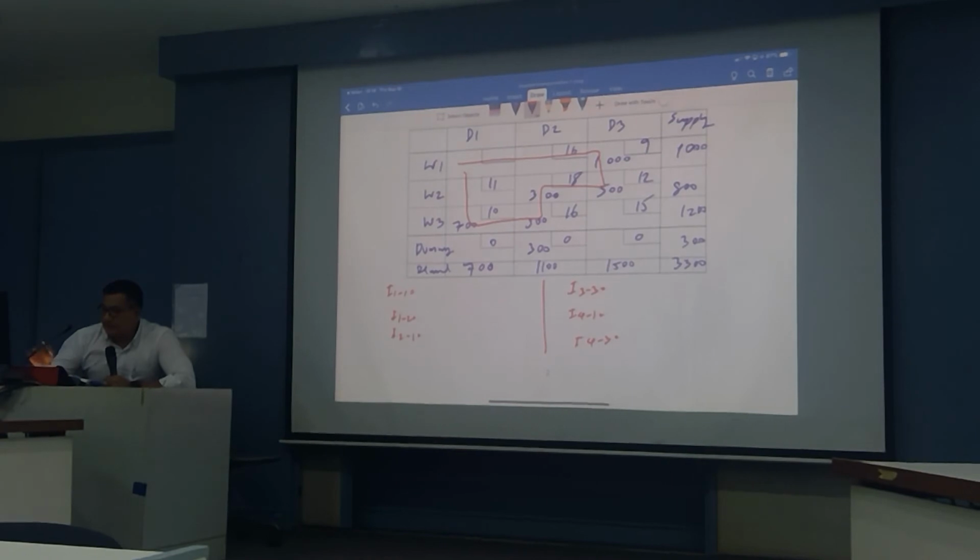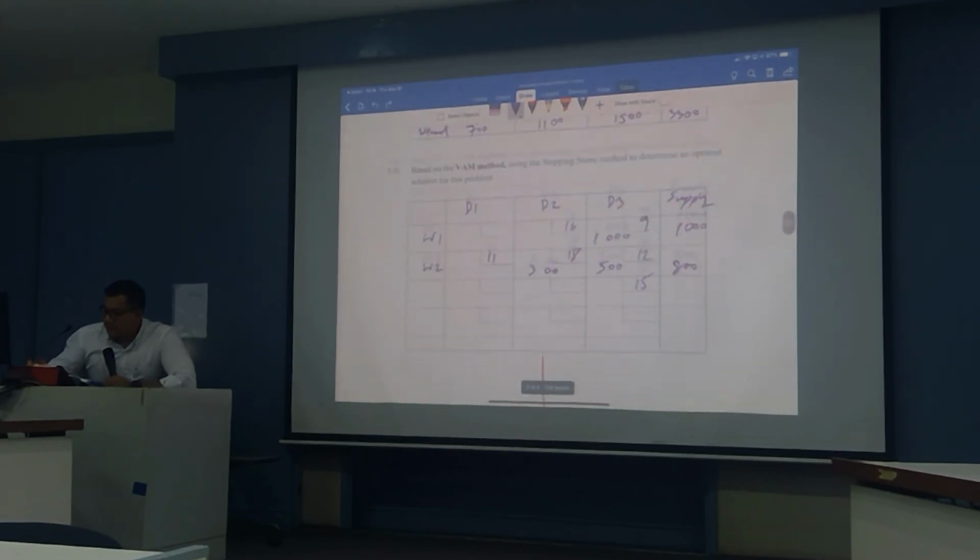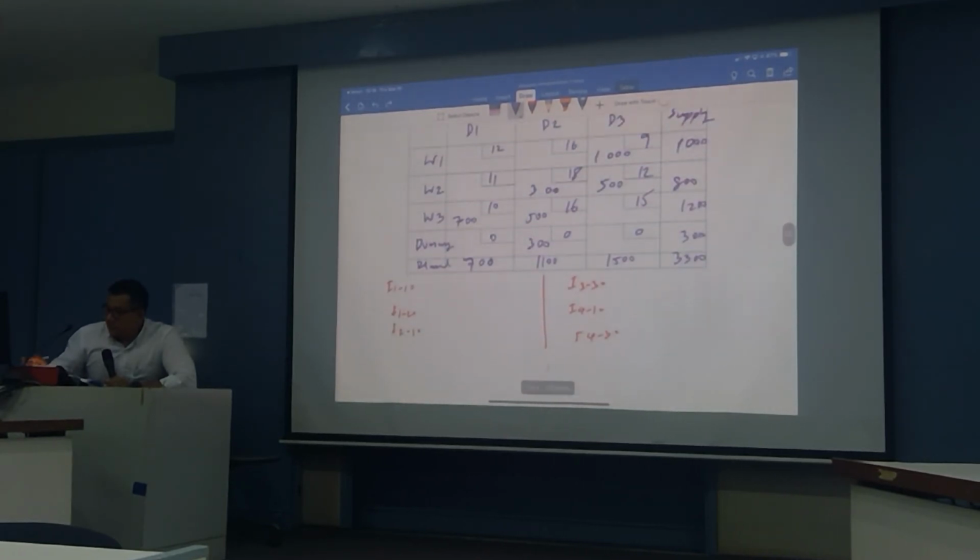So it means that we're going to start with this one, which is 12, right? So we can start with plus 12 minus 9 plus 12 minus 18 plus 16 minus 10. So you have 3.